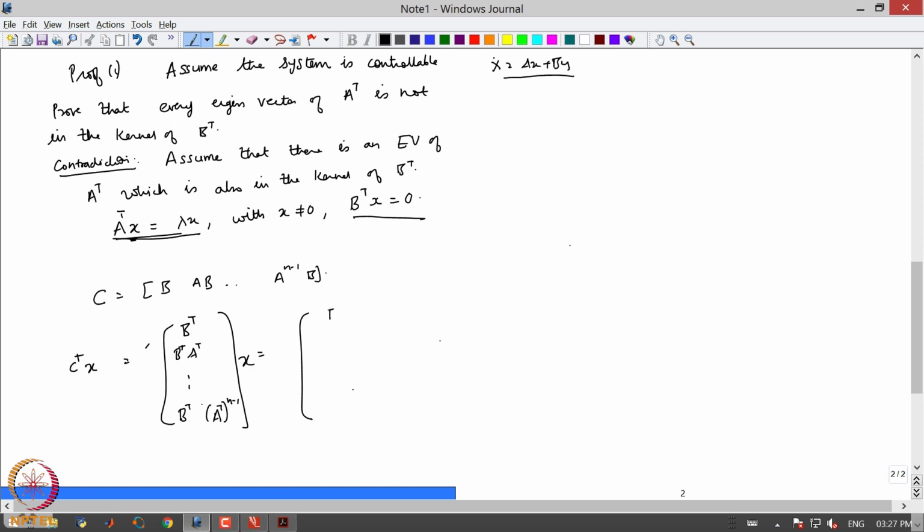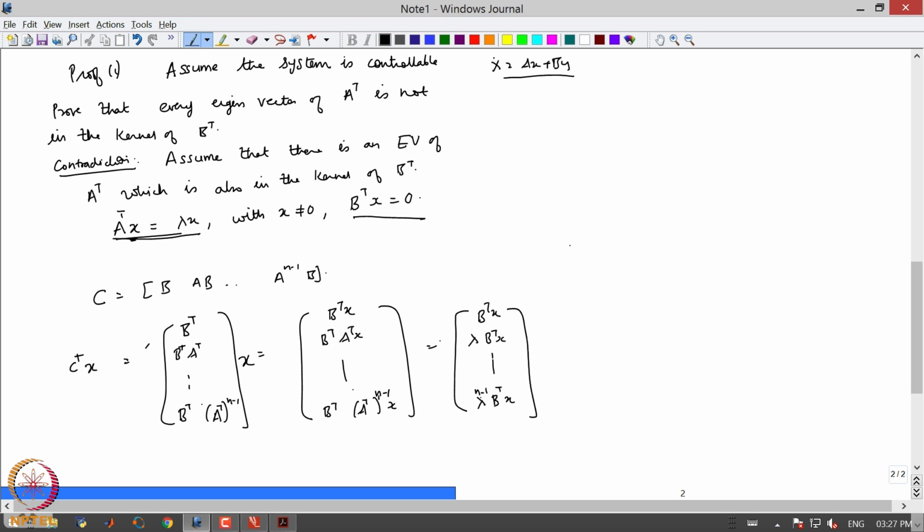So, I will have B transpose x, B transpose A transpose x, all the way till B transpose A transpose to the power n minus 1 x, and this will be nothing but B transpose x, lambda B transpose x, and so on until lambda to the power n minus 1 B transpose x.